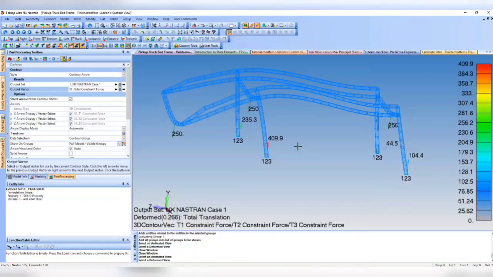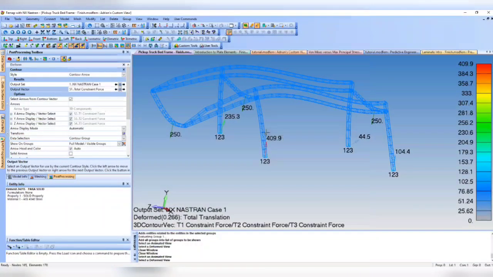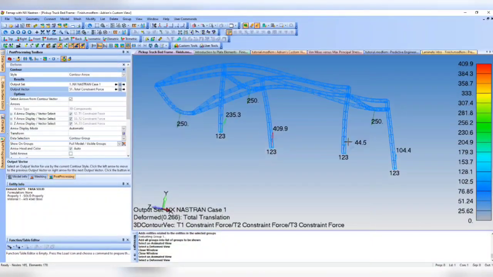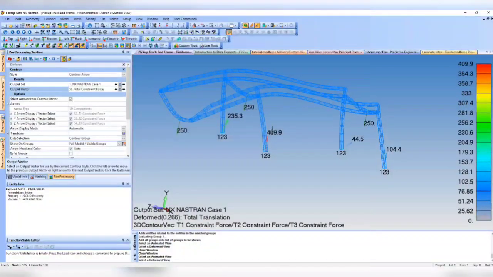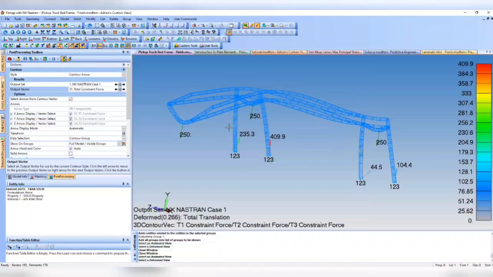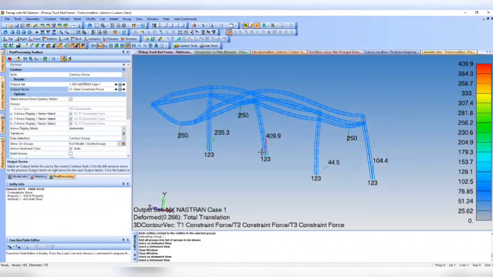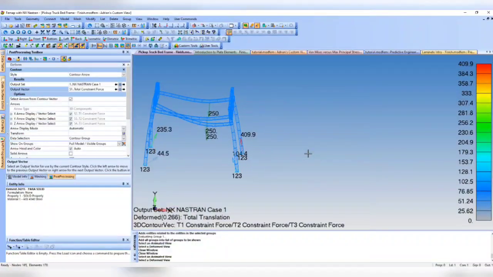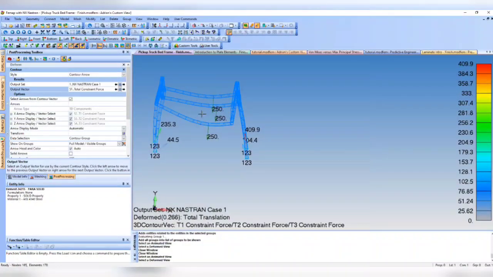Couple of interesting things that you can notice is that this one here seems to have the highest amount of reactionary load, whereas this one back here doesn't have as high of a load. Does that make sense? And why is this reactionary load higher than this reactionary load back here? Well, if you look at the loading, it's not along the center line.